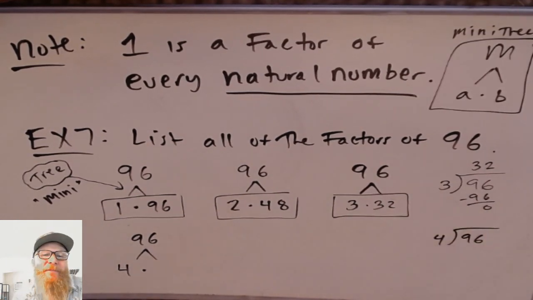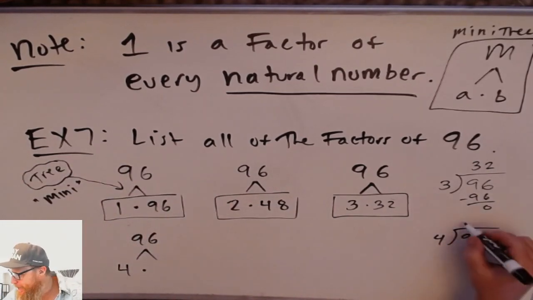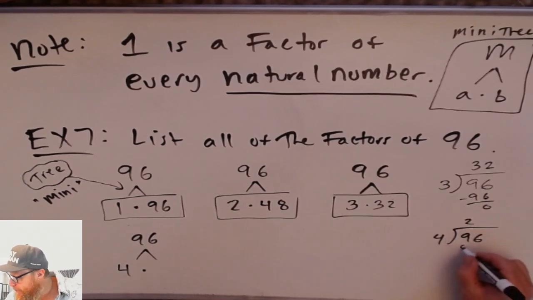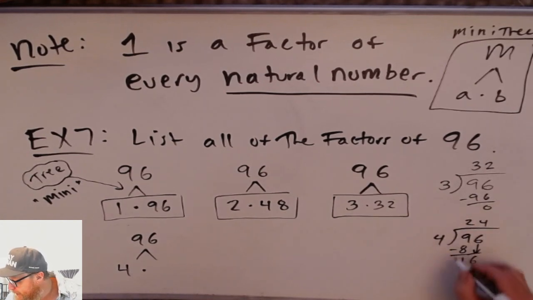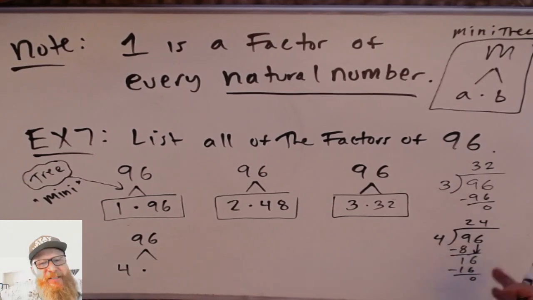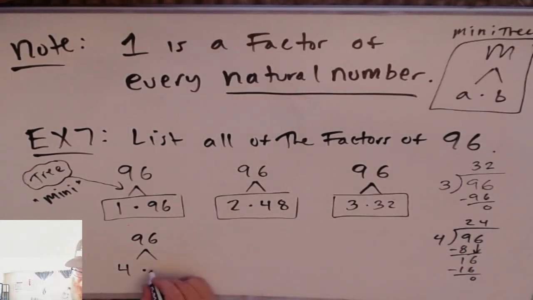Sometimes the trick is there is no trick. The trick is you just have to do it. 4 goes into 9 2 times. 2 times 4 is 8. Subtract, bring down the 6. 4 goes into 16 4 times. Remainder 0. When you're doing divisibility and factoring, you must always get a remainder of 0. So you get 4 times 24.